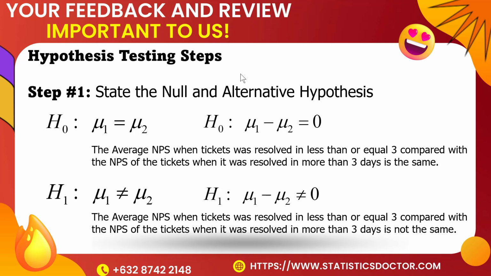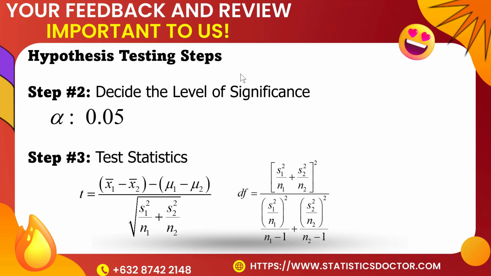In the alternative hypothesis, the difference between the mean of group 1 and group 2 is not equal to 0. So this is the first step: you have to state the null and the alternative hypothesis.